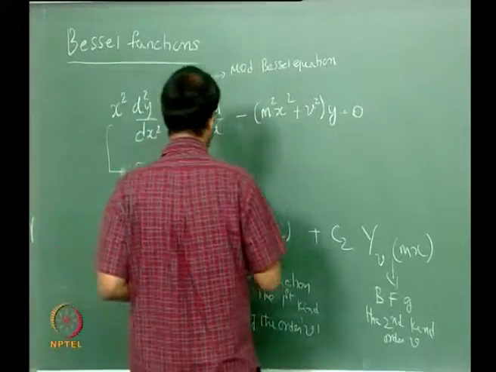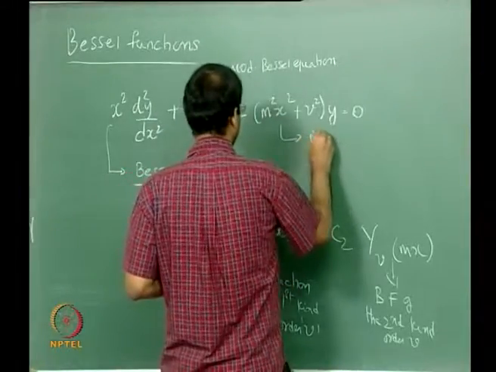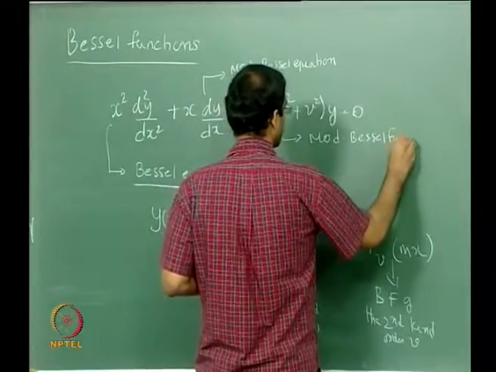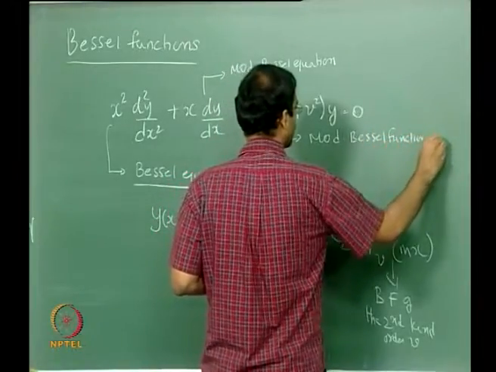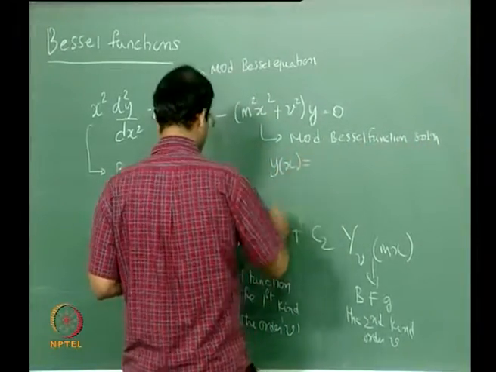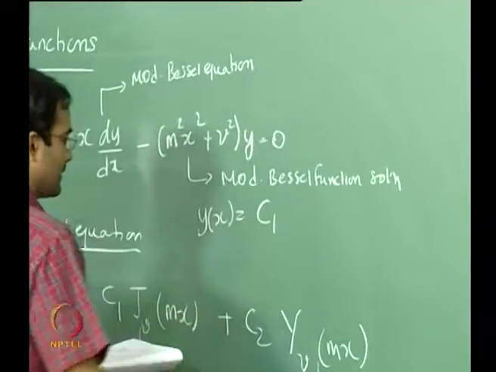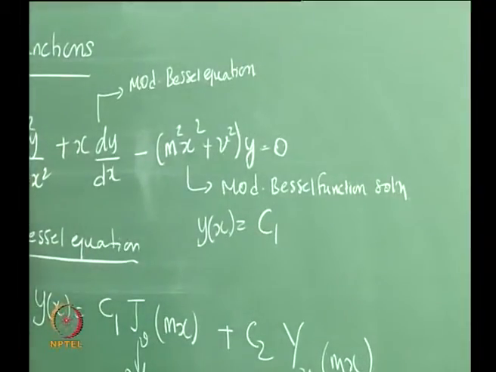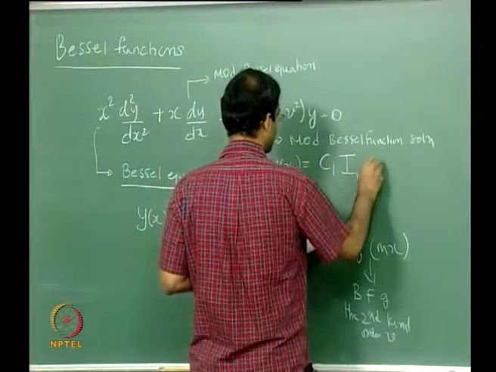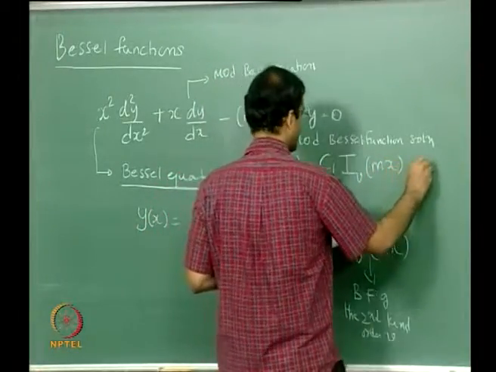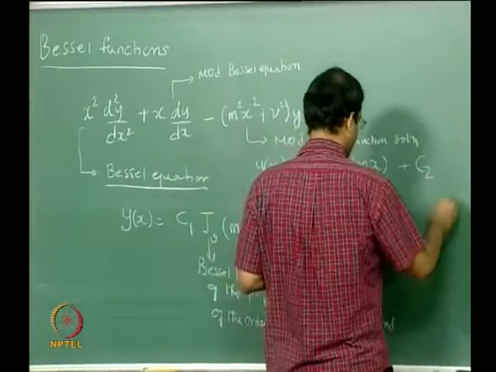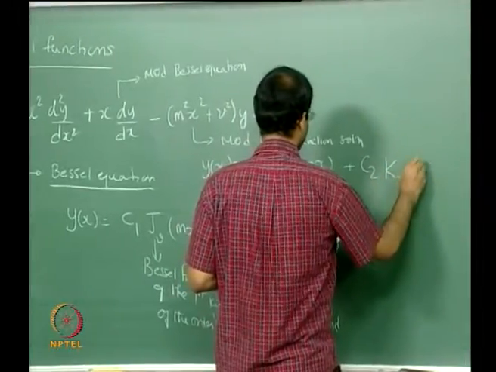So for that you have a modified Bessel function solution, where you represent the solution as c1 times the modified Bessel function of the first kind, denoted by the capital letter I, subscript nu, for the order, of mx, plus c2 times the modified Bessel function of the second kind, represented by the letter K, subscript nu, of mx.